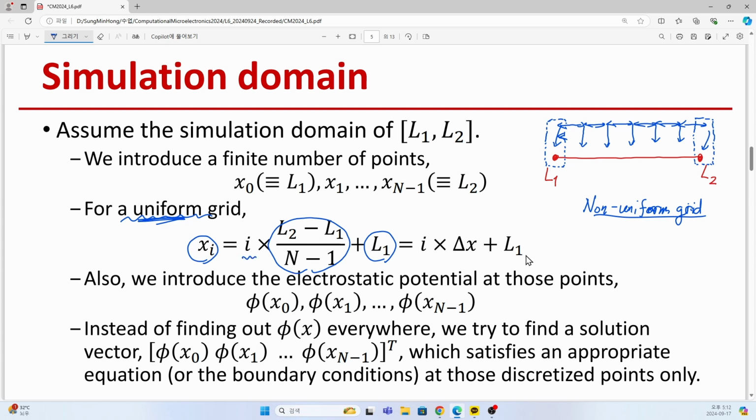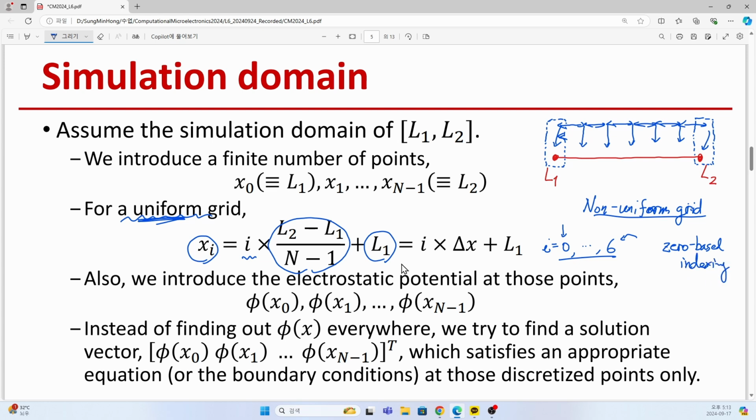For example, if we start from i equal to 0 and end up at number 6, the first point is indexed as the zeroth point, and the last one, the seventh one, is indexed with the number 6, so zero-based indexing is applied.